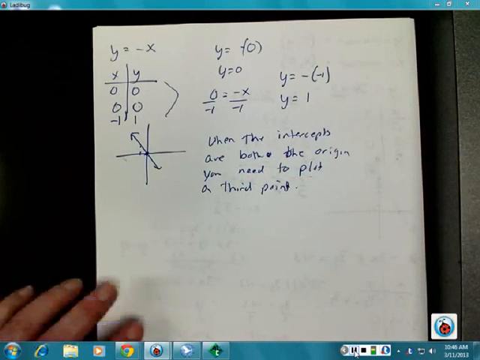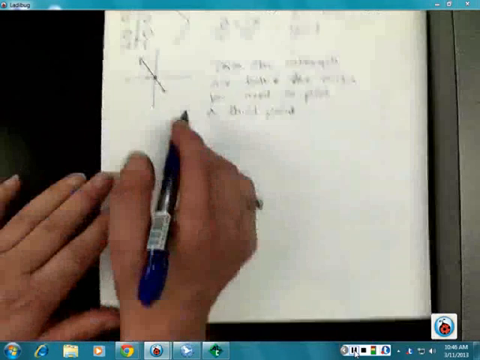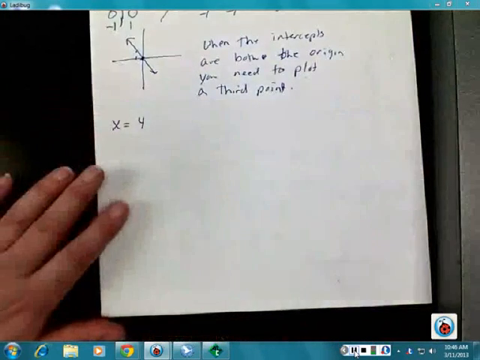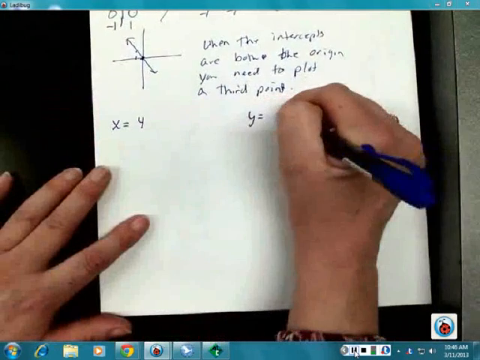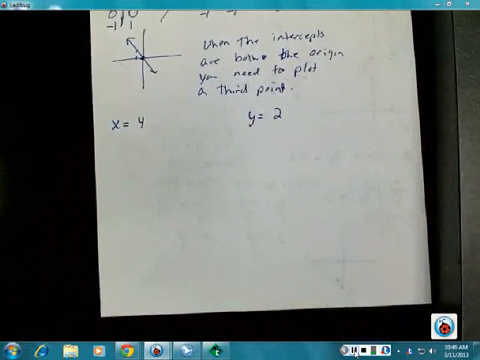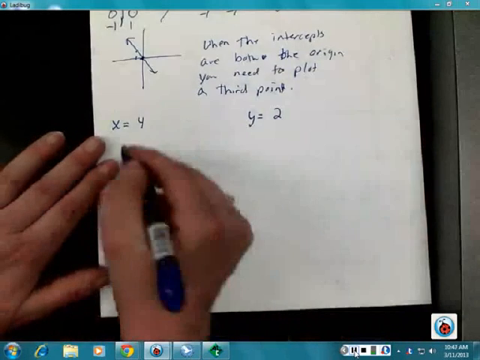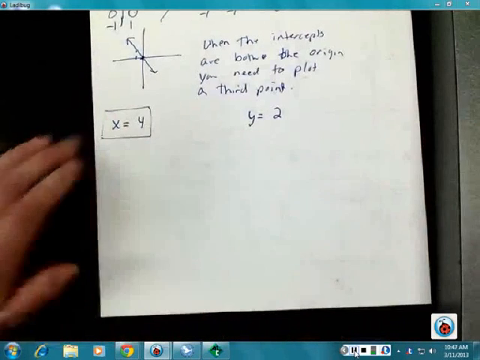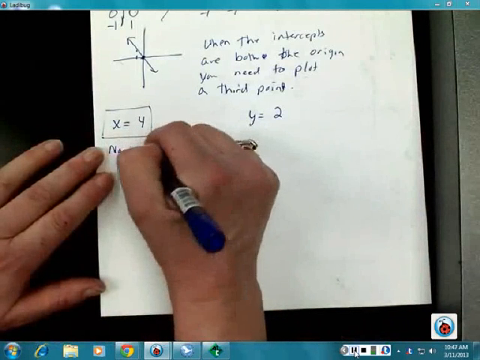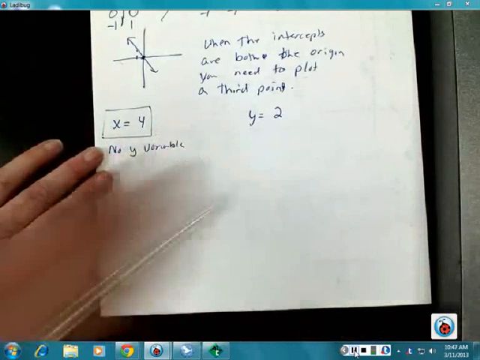The other ones they give you are some special ones. These are when x equals 4 or when y equals 2. Why are they special? Notice this one does not have a y, so there's no y variable in it.